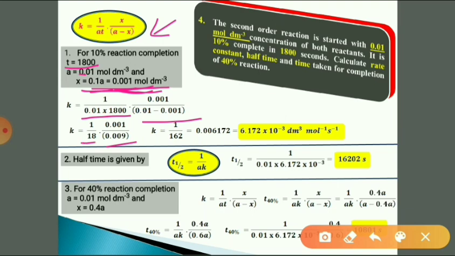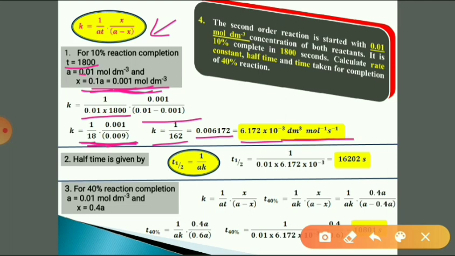Multiplying these factors, we get k equal to 1 upon 162. After taking the ratio, we get 0.006172, or in another way you can write 6.172 into 10 to the power minus 3 dm cube per mole per second.